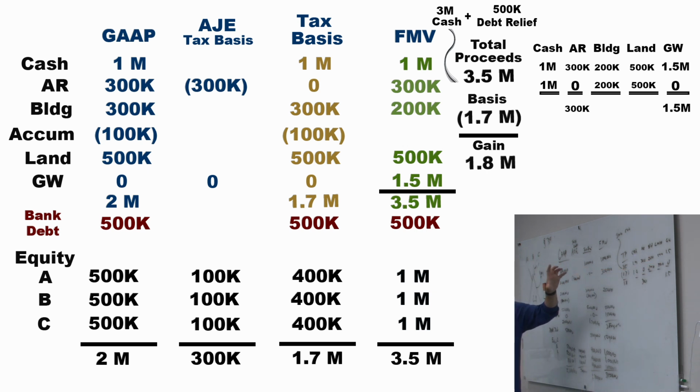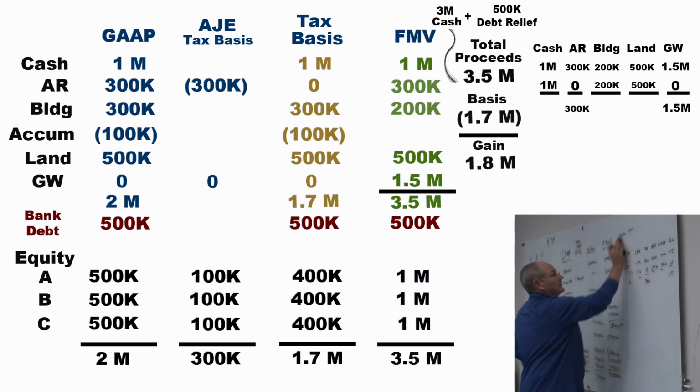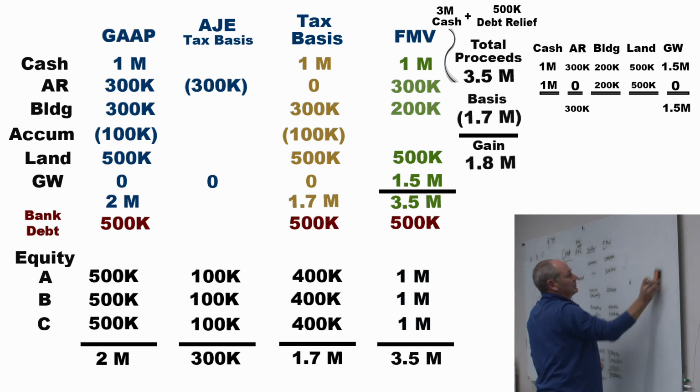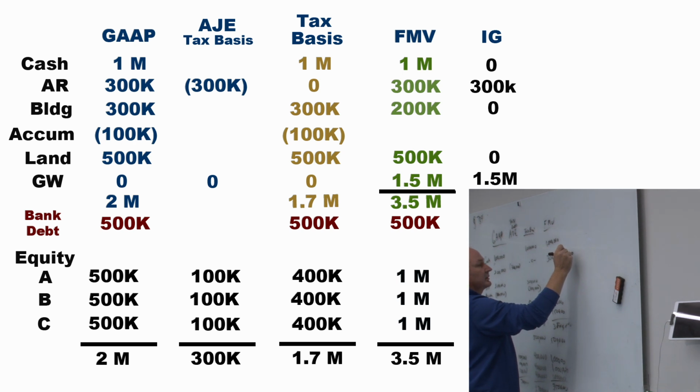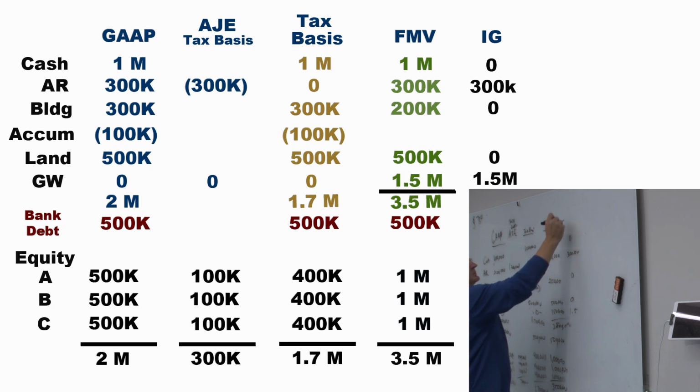So a 734 is similar to a sale exchange in that you're only taking a piece of what the sale exchange is. So now that we know our inherent gain is 300, 0, 0, 0, and 1.5. Inherent gain.